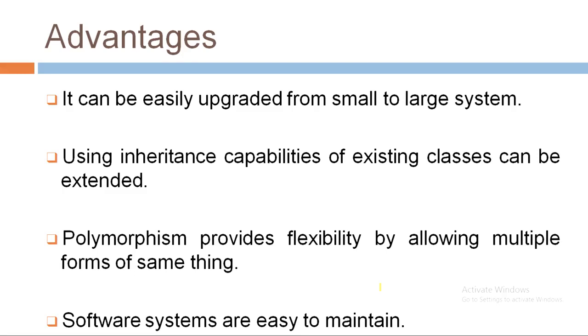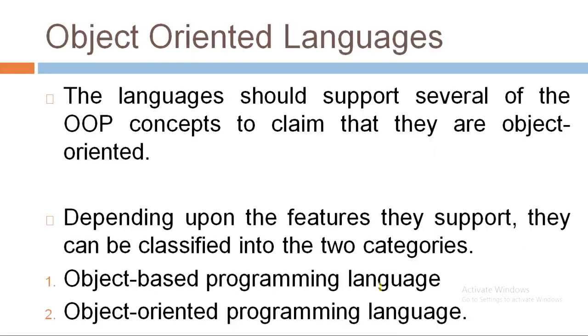Polymorphism provides flexibility by allowing multiple forms of the same thing, as we discussed: the same operator or function can take different forms or behave differently at different times. Software systems are also easy to maintain with object-oriented programming.